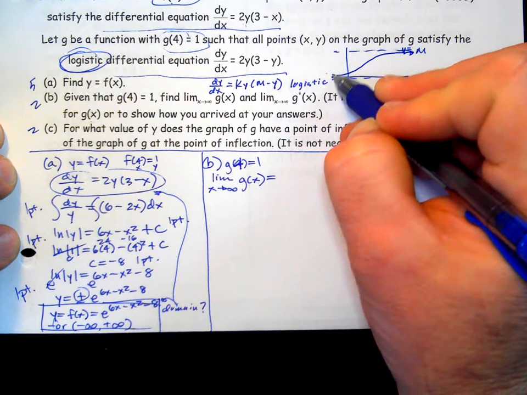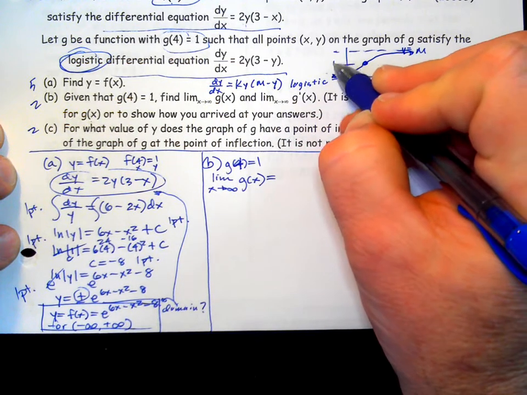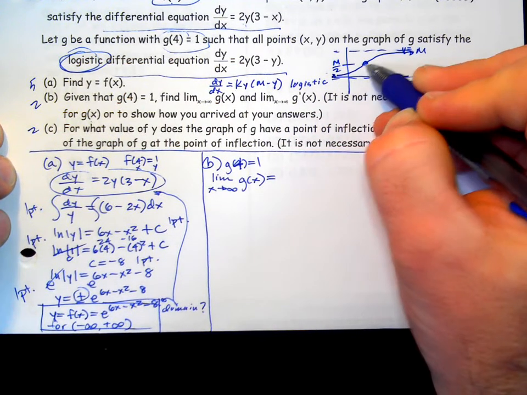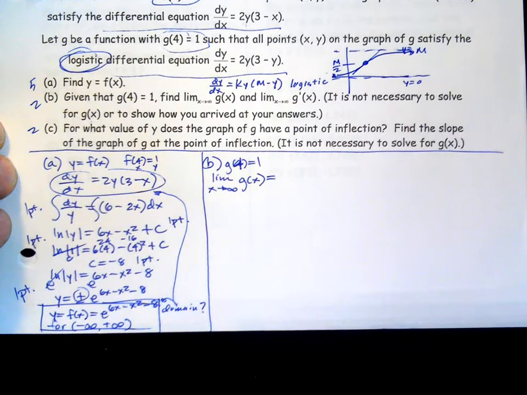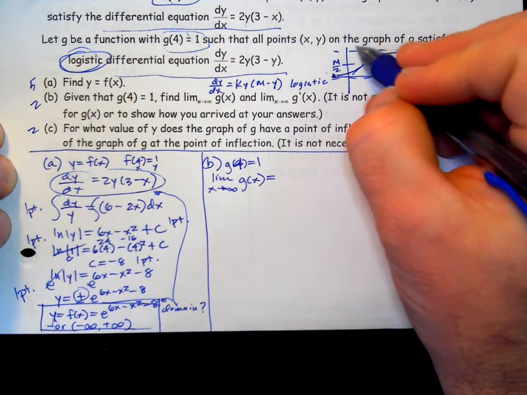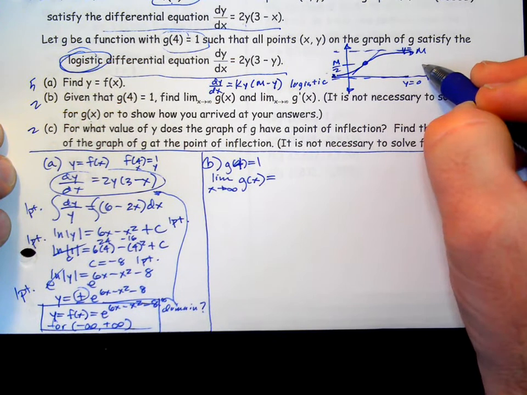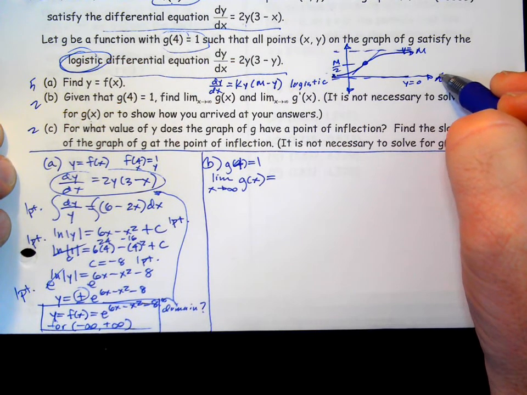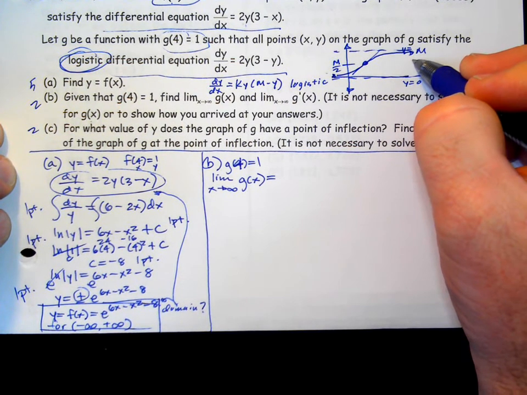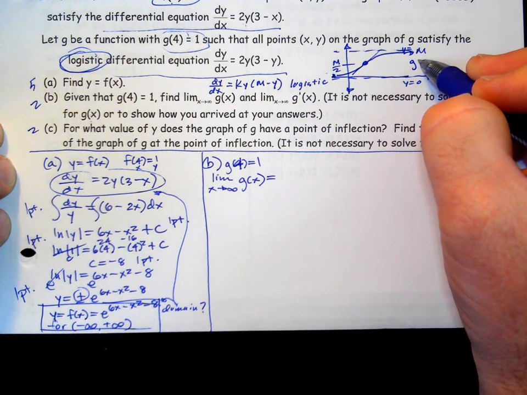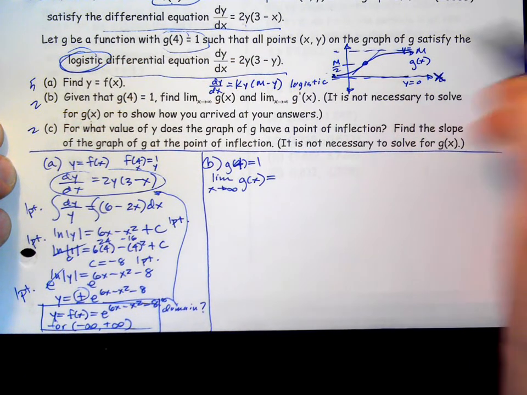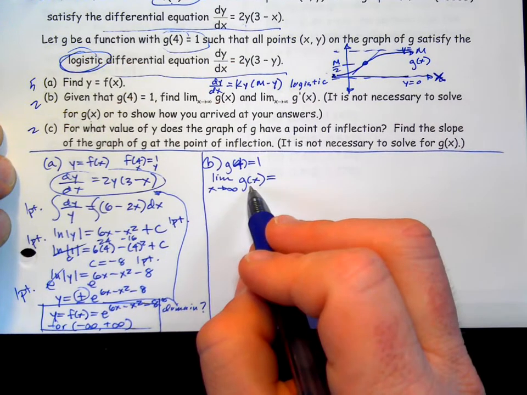It has an inflection point at half the carrying capacity, which is also where it has its greatest growth rate. So this is a rough graph of g of x, right?